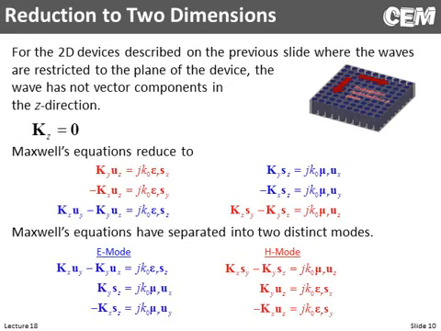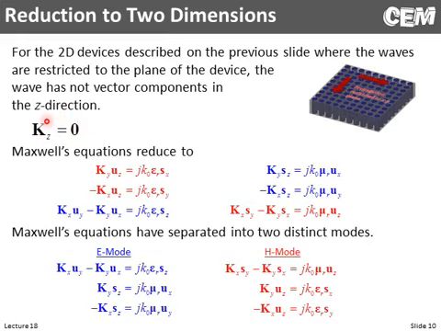So we want to reduce our three-dimensional equations to two-dimensional. Well, if it's infinitely extruded in the third dimension, up to now we said any derivative in that direction has to be zero. Our derivatives really became these K matrices, and so if there is no propagation in the Z direction, then our K sub Z matrices have to be zero.